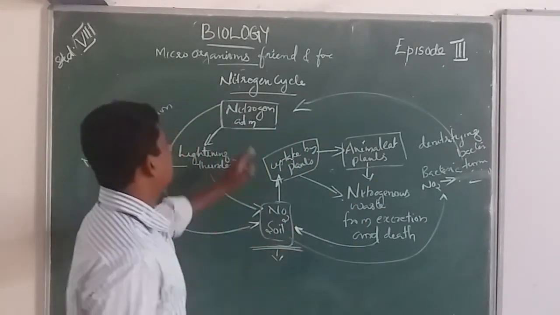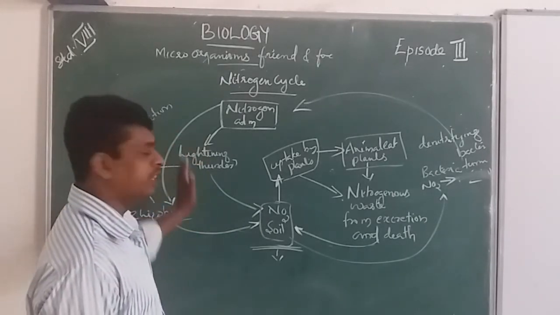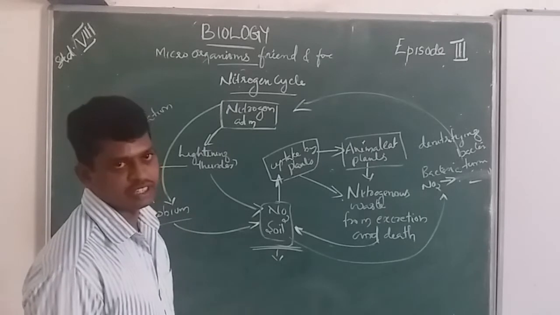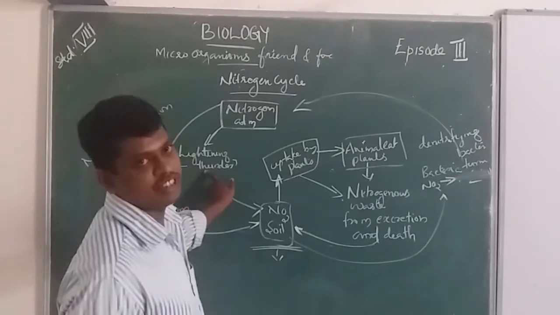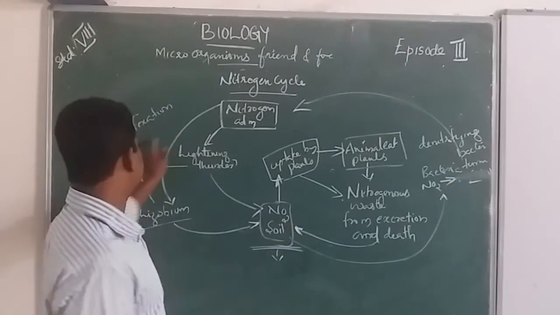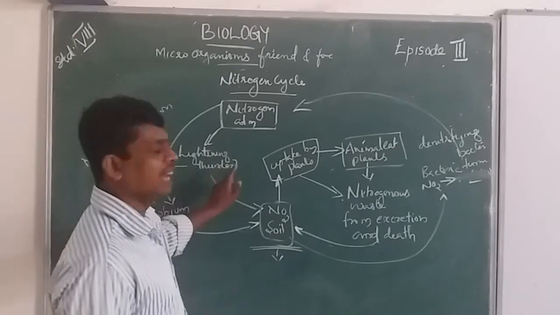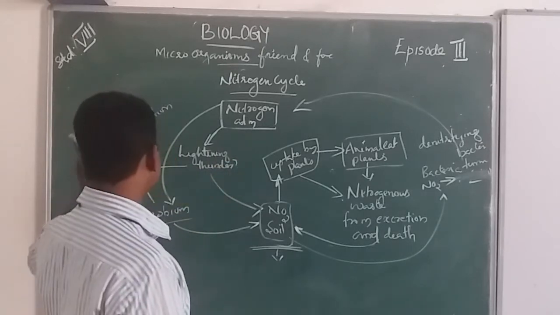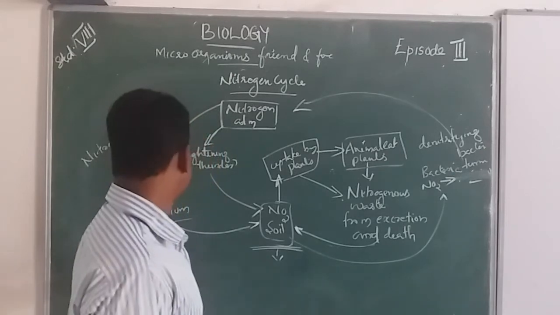Look again. Atmospheric nitrogen is converted to soil nitrate by the method of nitrogen fixing. The two types of nitrogen fixation are lightning and thunder, and nitrogen fixing bacteria, that is rhizobium.